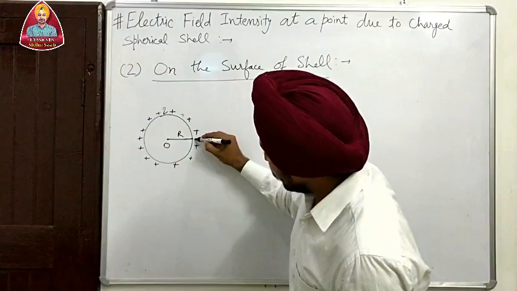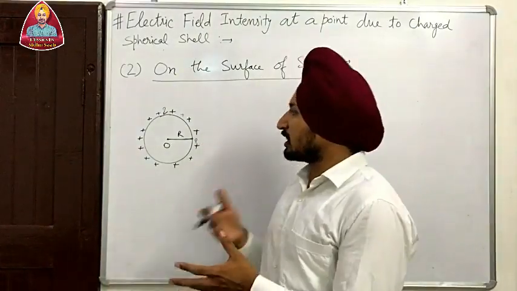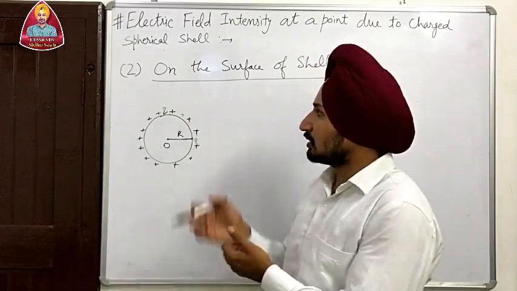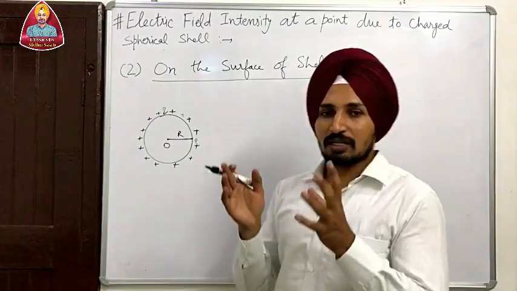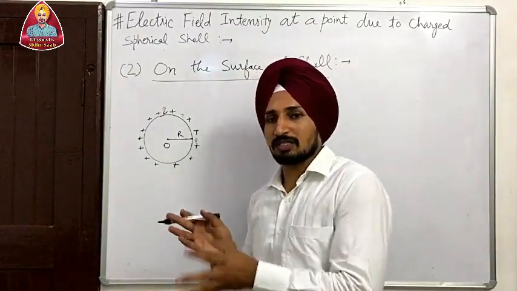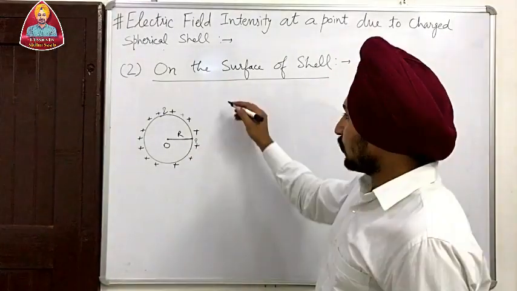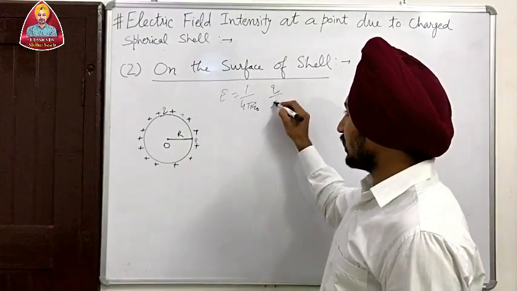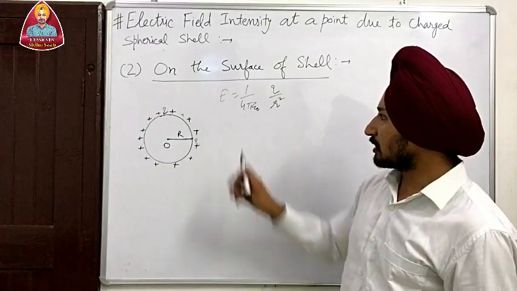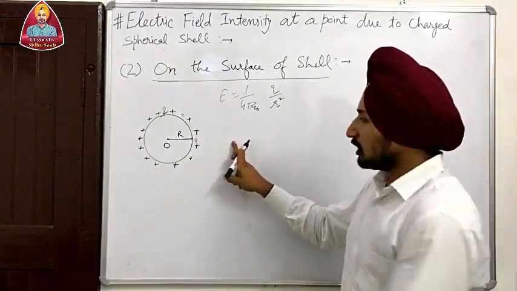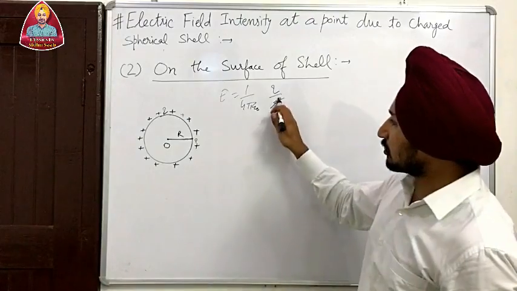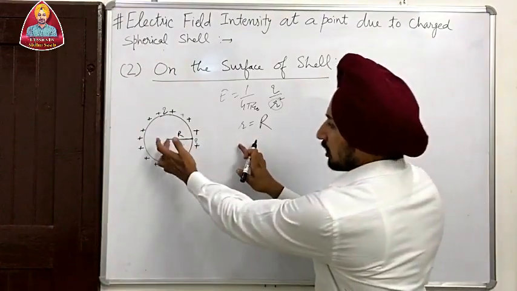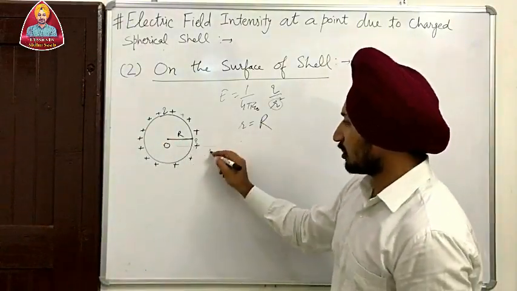Clear? Now, we do not have to rederive the relation that we derived in the last case. We have to use the knowledge of that case here. We have E is equal to 1 upon 4 pi epsilon naught q by r square for a point outside.